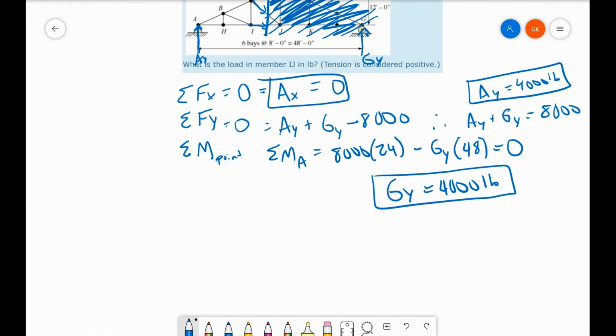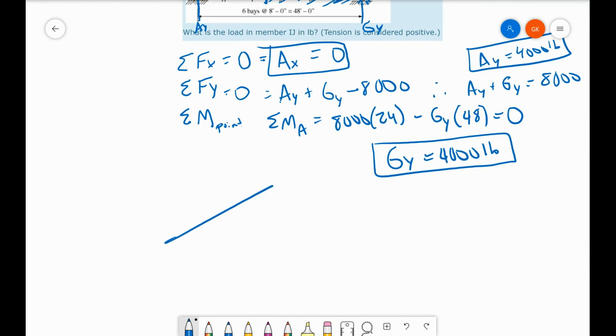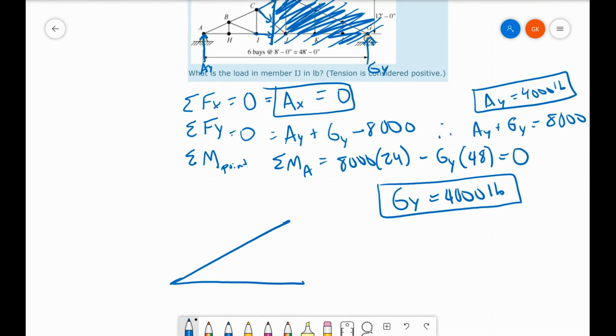Okay, now let's redraw my free body diagram. It should look something like this. Let's make sure I do it all correctly. There we go. And we have some forces.